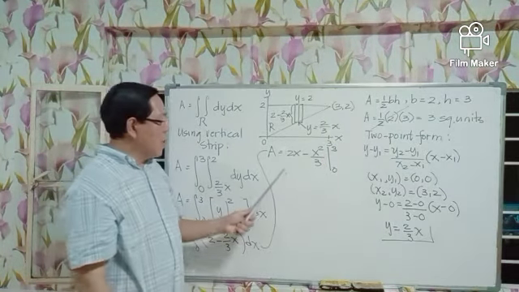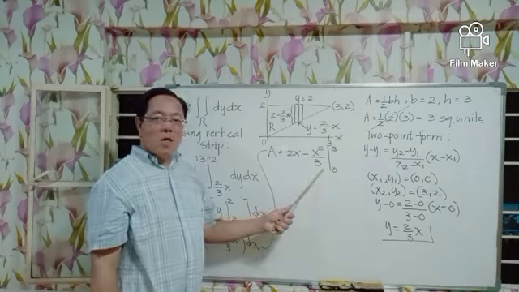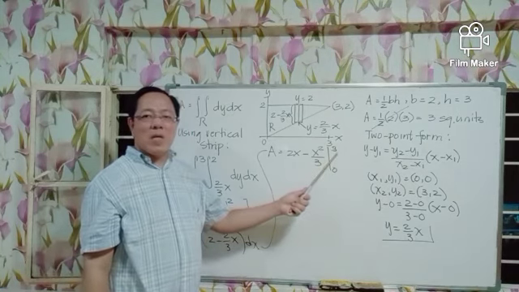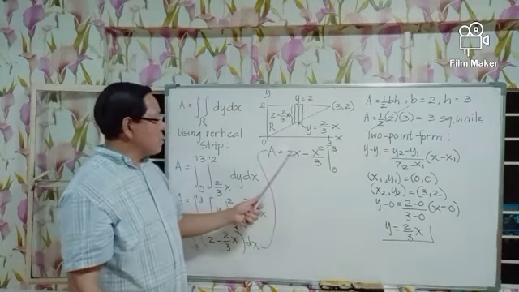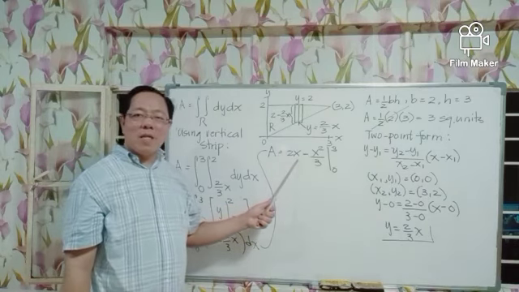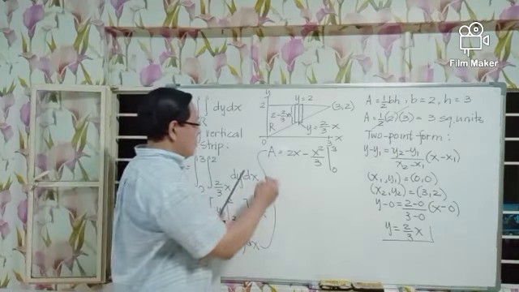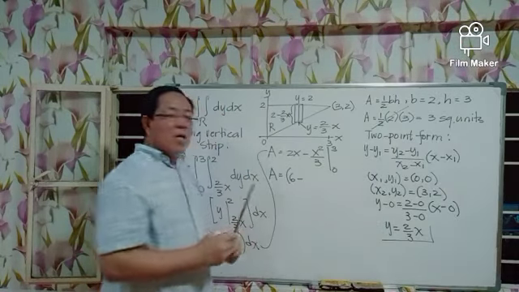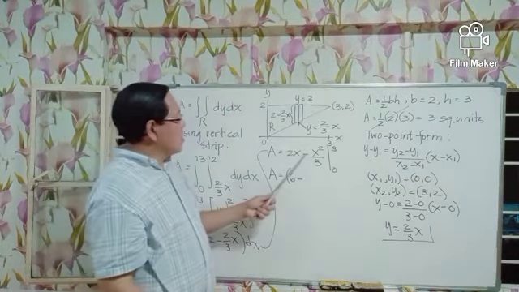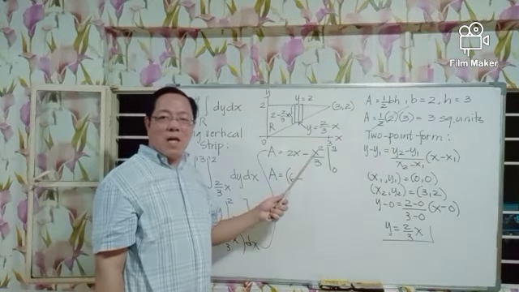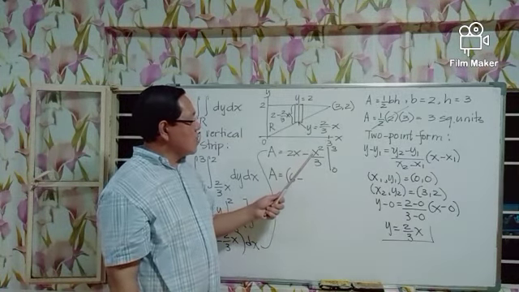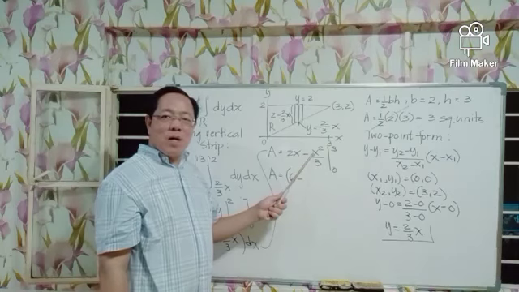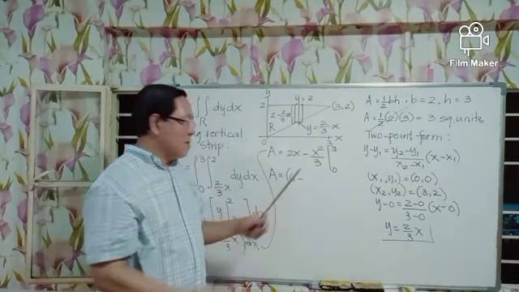And we now evaluate this result from 0 to 3, beginning with x equals 3. When x is 3, you get 2 multiplied by 3 is 6. Minus, when x is 3, we substitute for x squared: 3 squared, 9, divided by 3 is 3.